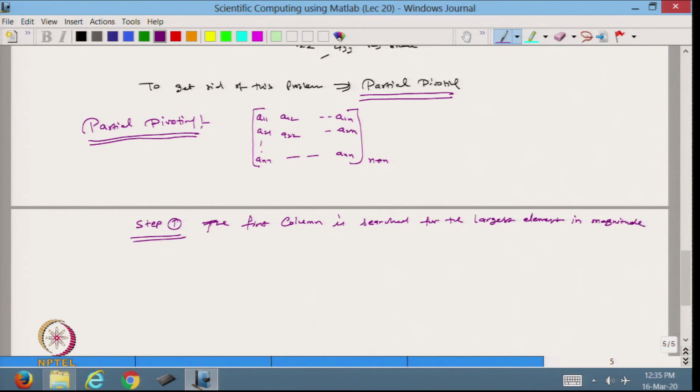We have to deal with the magnitude, it may be negative also, and it is brought as the first pivot by interchanging the rows.